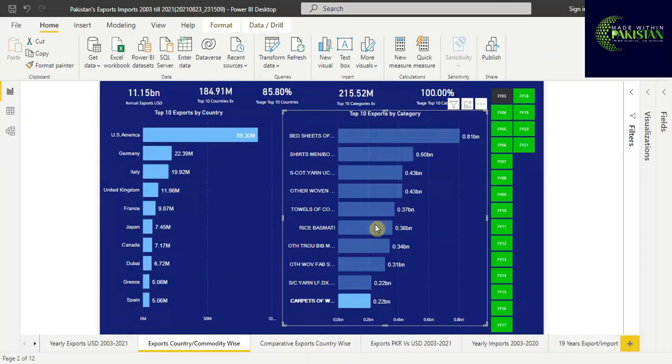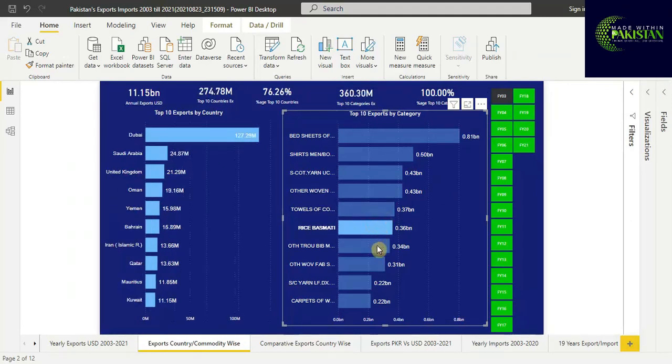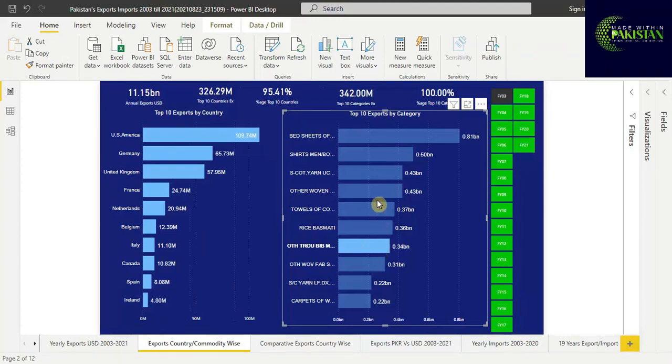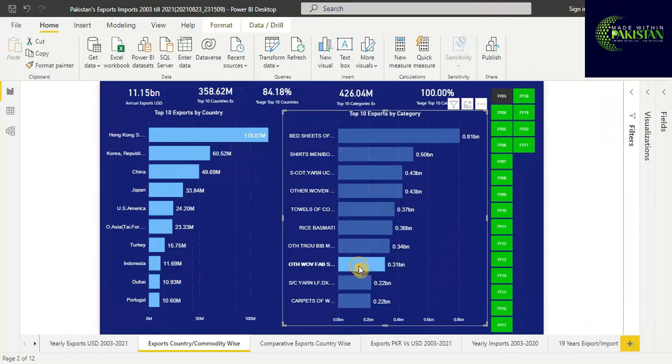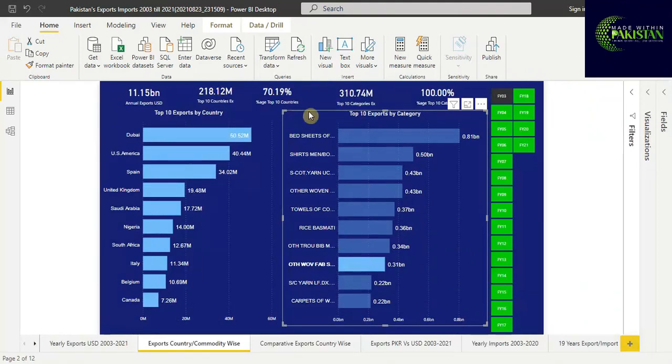The only percentage which was less than 80 was this rice, 76%, and one more that was 70%, I guess these are other woven products. Means the rest of the products were exported by the top 10 countries and the percentage is more than 80%.